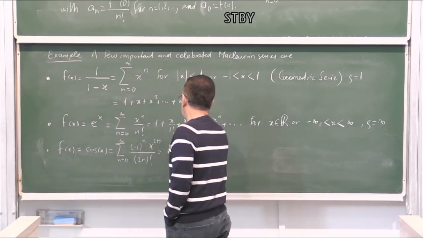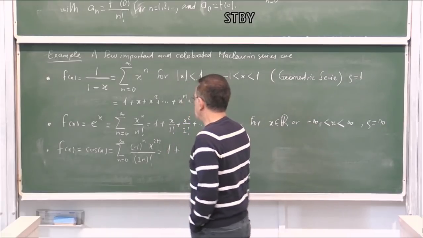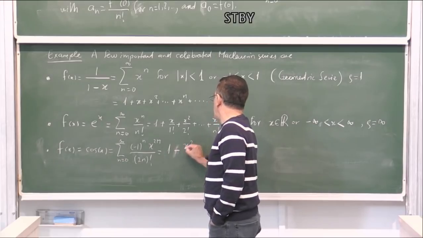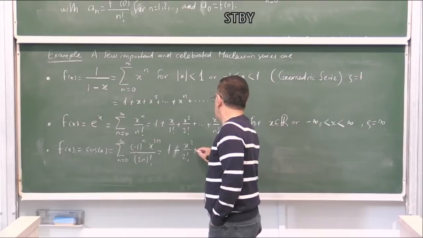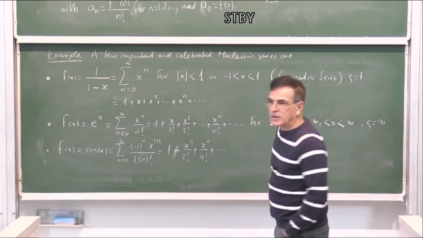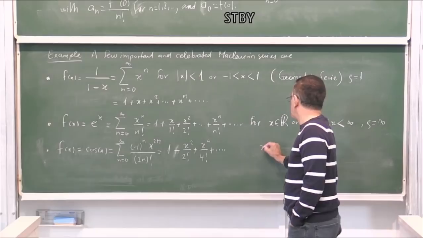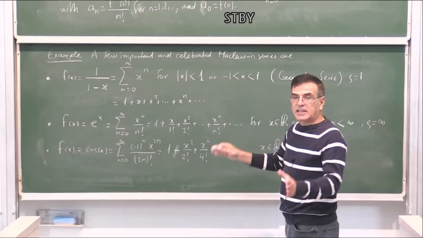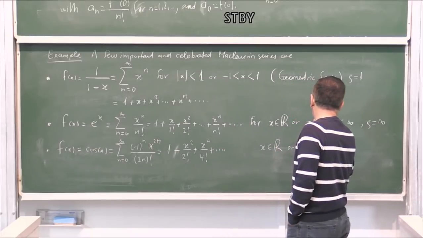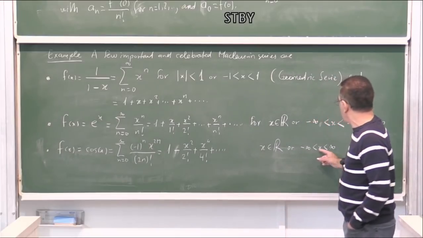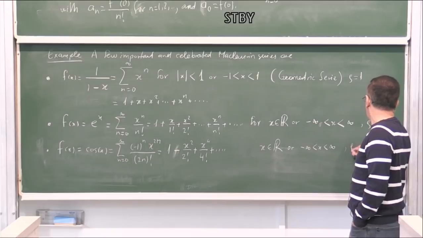So first one, when n is 0, and then with a minus sign x squared over 2 factorial, then plus x to the 4 over 4 factorial, and so on. Again, the radius of convergence is infinity, so this series makes sense for all x. So it is convergent for all finite values of x. Again, rho is infinity.